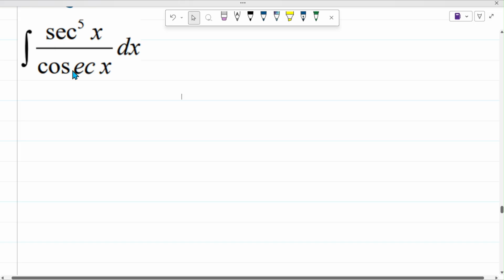So 1 over cosec is gonna be equivalent to sine, right? And then from there, let's just change everything into sine and cos.